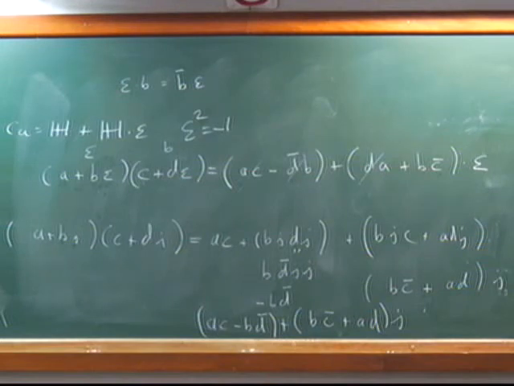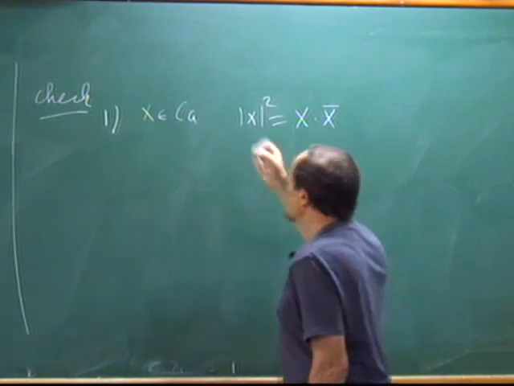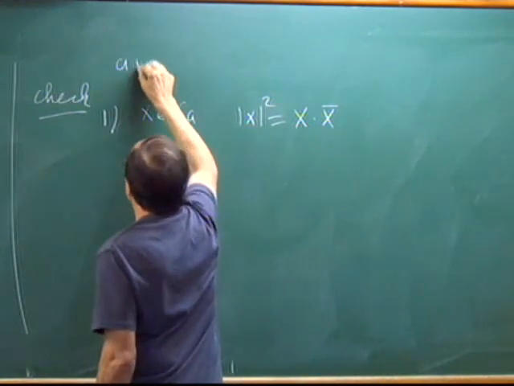Okay. Let's do another computation which shows that this really is a good definition. So a couple of things we want to check. Maybe the first one is kind of useful. Let's say I have a Cayley number, and I claim the norm x squared is x times x bar. What is x bar? So I have a plus b epsilon.